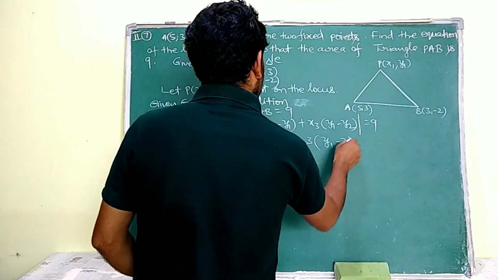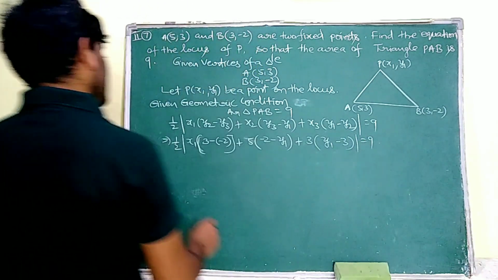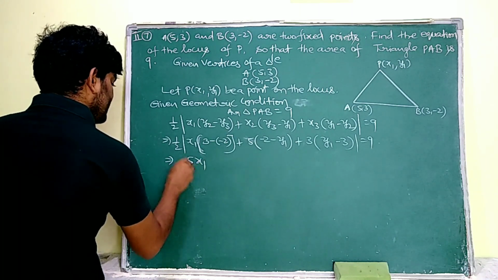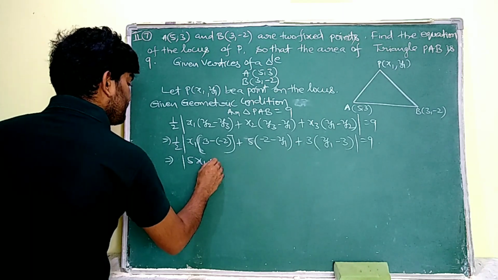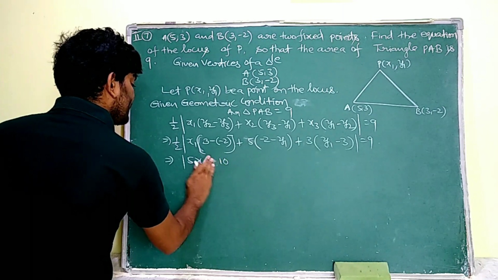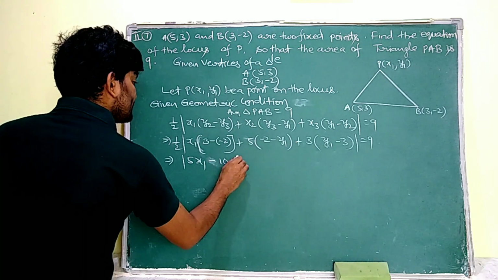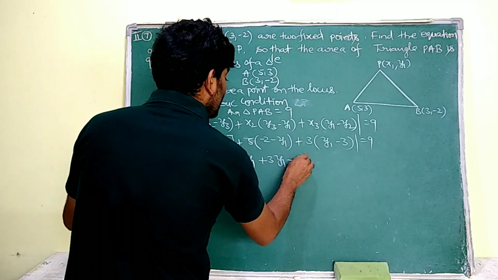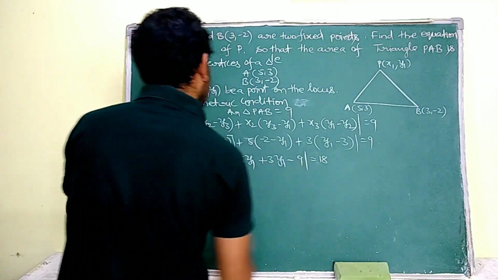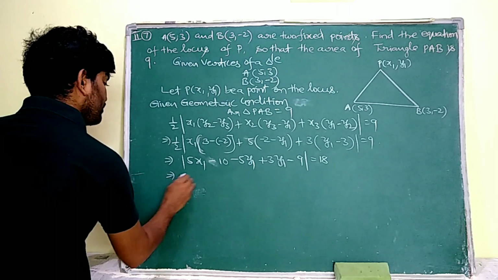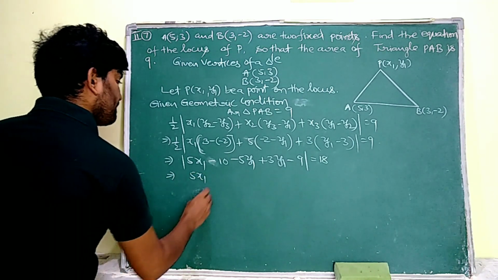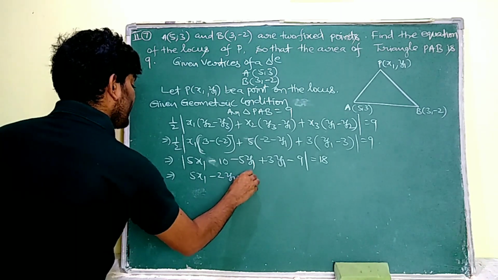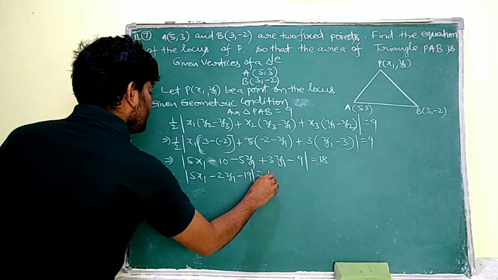In this way we are going to write. Now transfer this 2 to that side. Then 5x1 plus minus 10 plus minus 5y1 plus 3y1 minus 9 is equal to 18. By this I am going to write 5x1 minus 2y1 minus 19 is equal to 18.